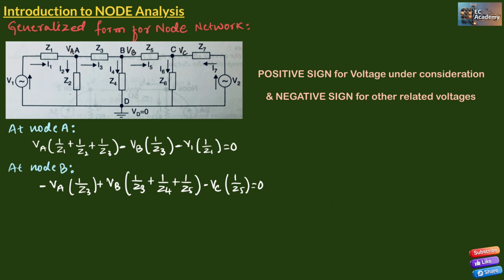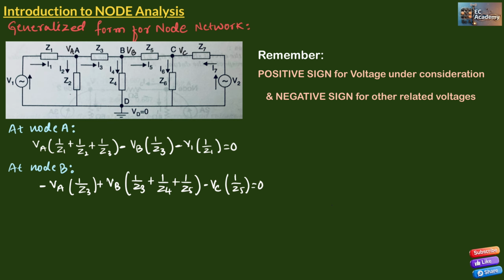Similarly, at node C, we can write VB into 1 by Z5, VC into (1 by Z5 plus 1 by Z6 plus 1 by Z7), and V2 into 1 by Z7.